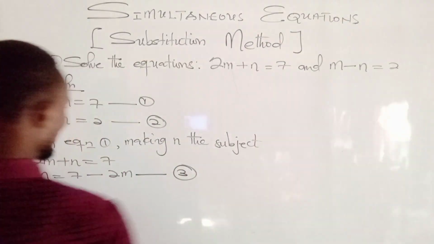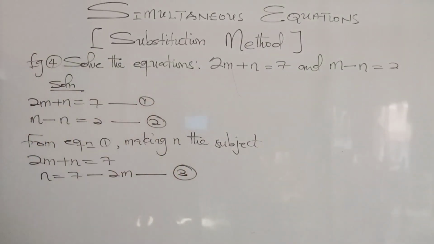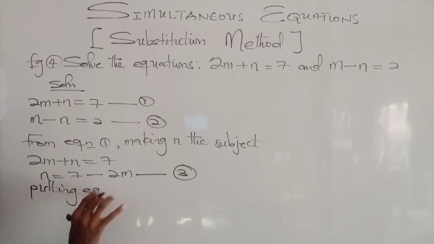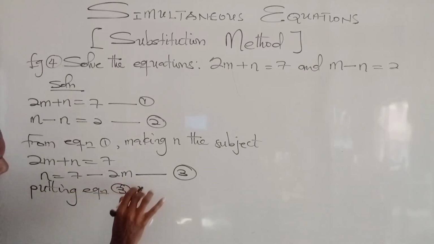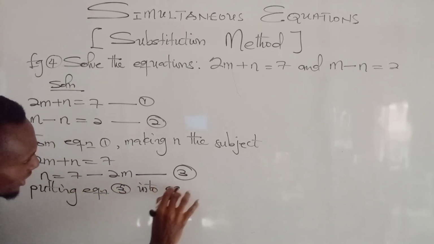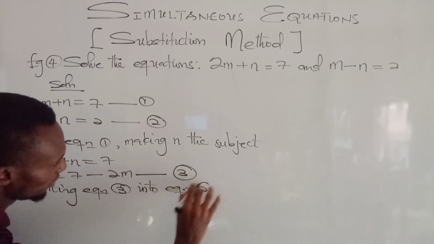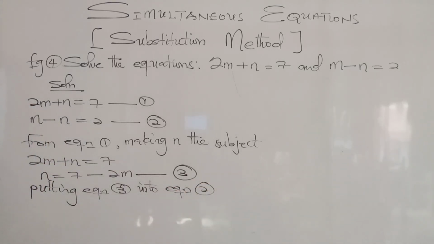So we are going to substitute our equation 3 into equation 2. You write putting equation 3 into equation 2. It means wherever we see the variable n in equation 2, we are going to put the value of n there, which is 7 minus 2m.